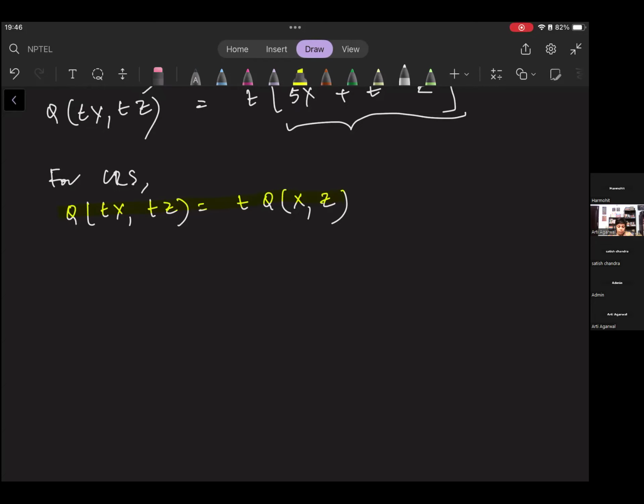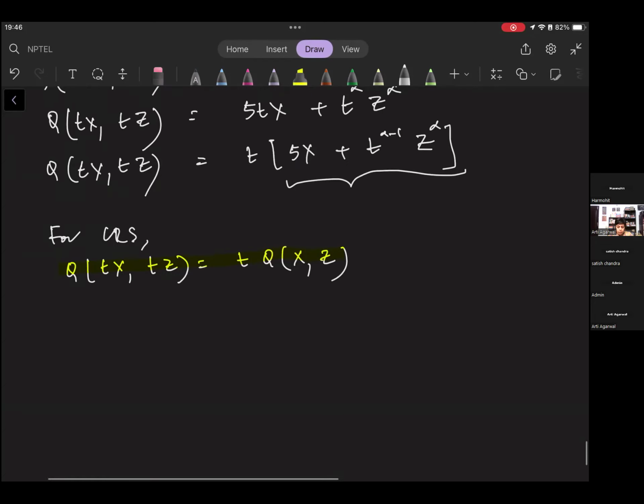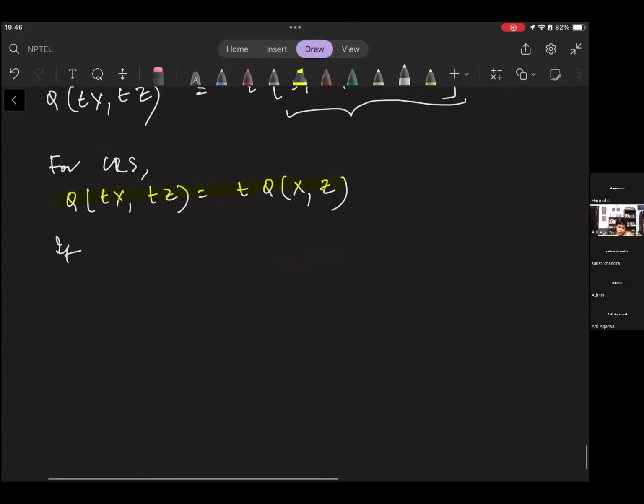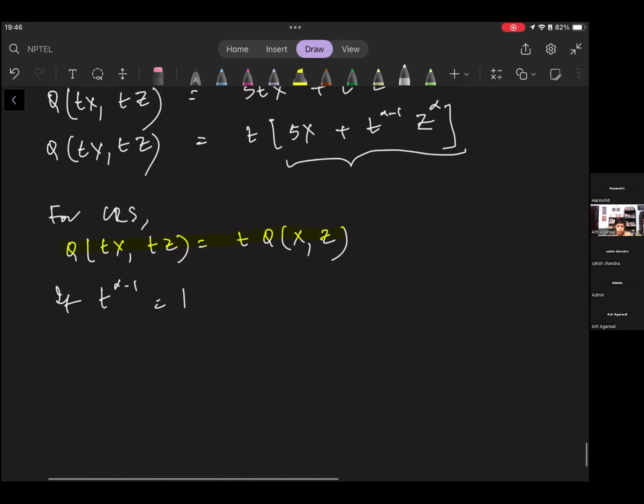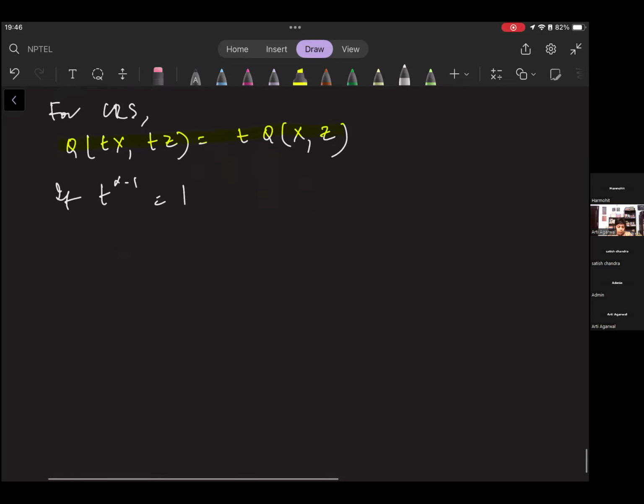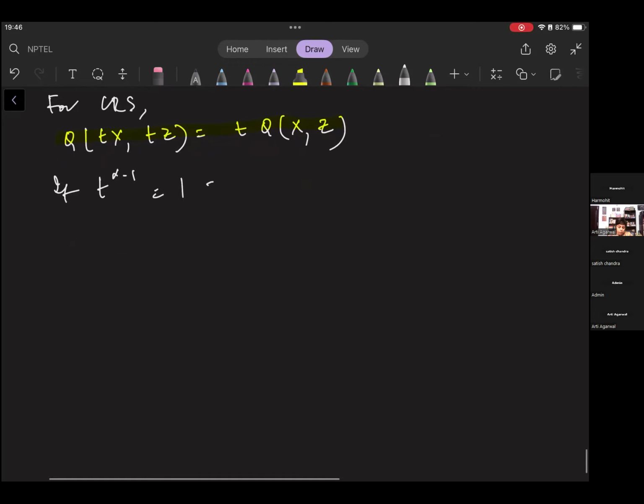How can we get this condition? We need this function to be expressed in terms of the original expression q, which is possible only if t to the power of alpha minus 1 is equal to 1. Or you can say it is equal to the power of 0, then our condition is satisfied.